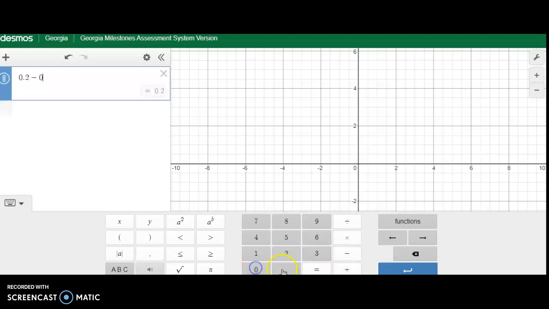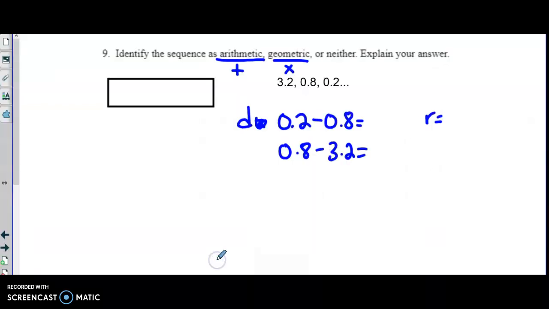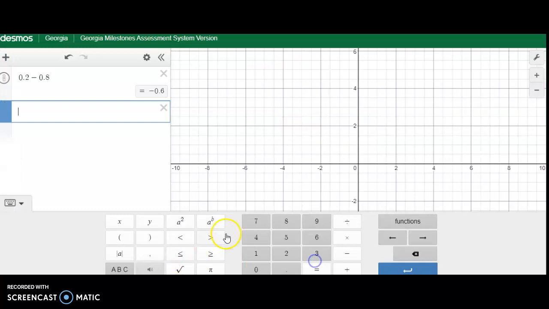0.2 minus 0.8. That's negative 0.6. And then if we do 0.8 minus 3.2, that equals negative 2.4.